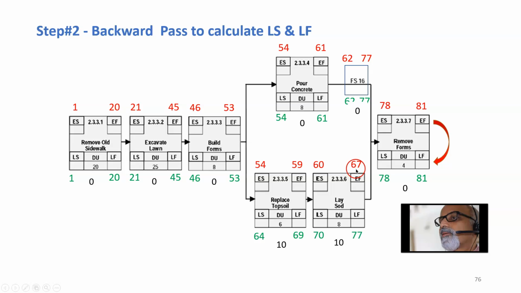So in this case, 67, 78. Even if I delay this by 10 days, the successor activity will not be delayed. So in this case, our free float is also 10 and the total float is also 10.